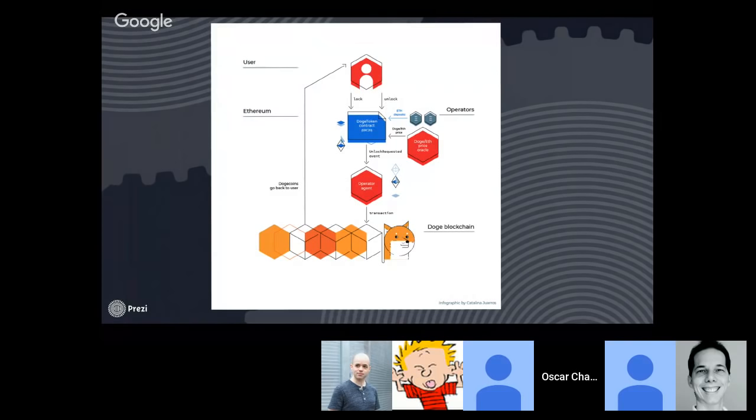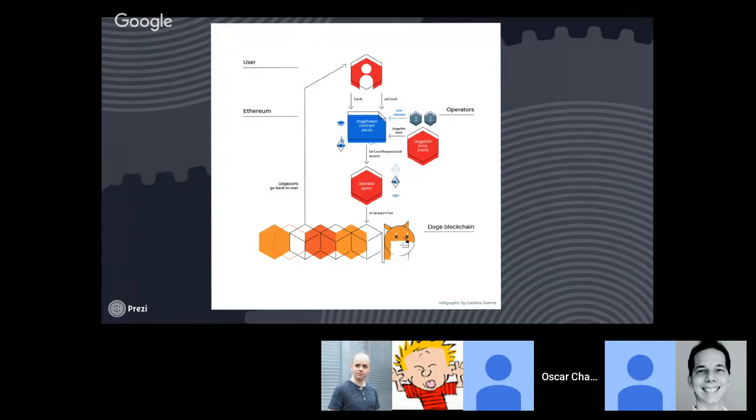That's why we decided to implement another approach, which is based on collateralization. I will explain how this approach works. A new actor is added to the system: the operators. The operators are the custodians of the Doges that are locked. Just a reference: lock is the action of moving coins from Dogecoin to Ethereum, and unlock is from Ethereum to Dogecoin.